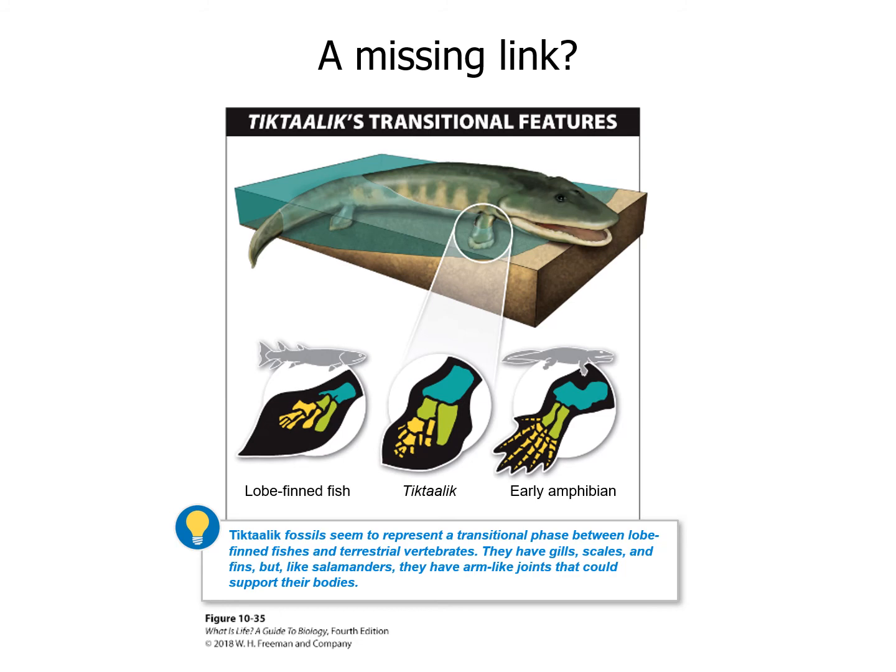And we can see how closely related Tiktaalik's quote-unquote hand and wrist look to be to a lobefin fish and an early amphibian that would have been crawling around on land.